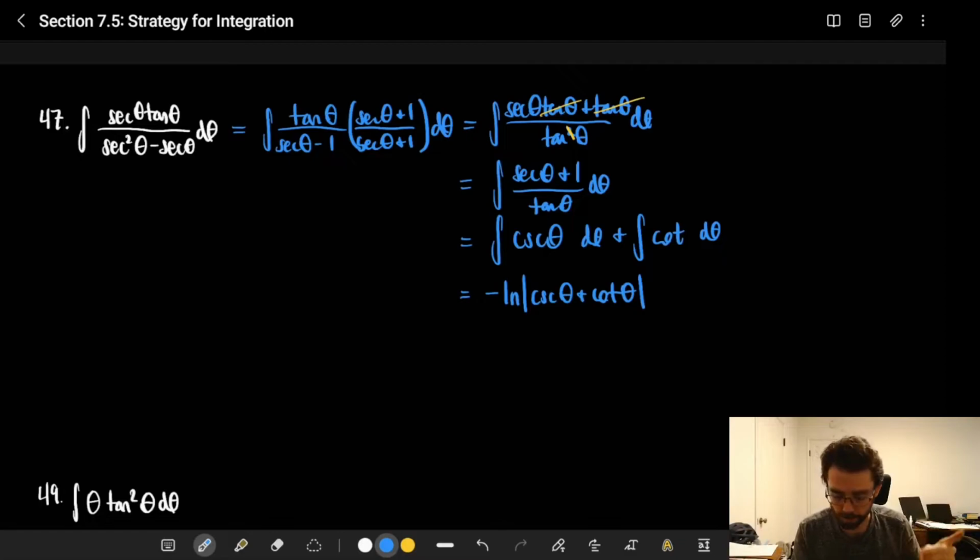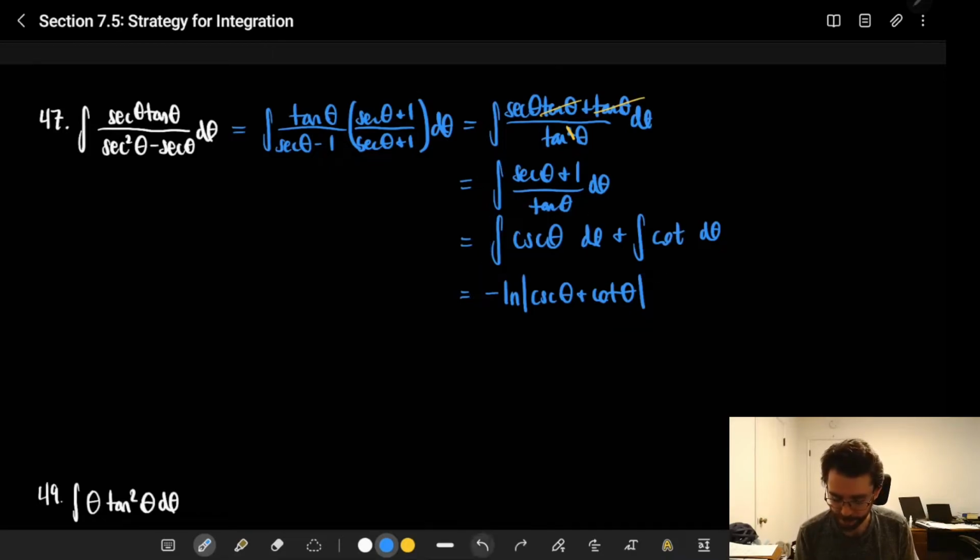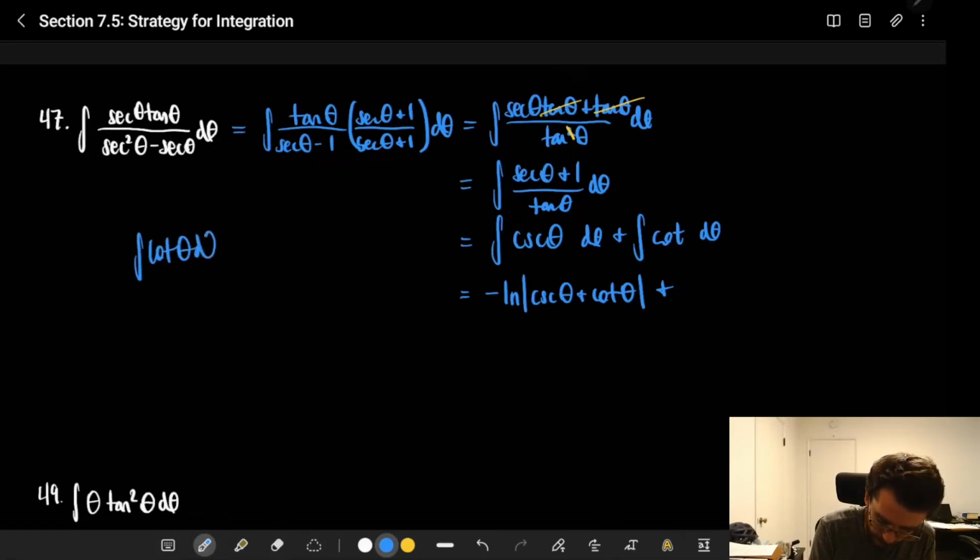Okay, so I looked up one of them. This is considered a standard integral in the sense that it's too hard, so they just give it to you. And then this one, you can actually do the cotangent integral just fine, I think, with a u sub, right? Cotangent is cosine over sine. And then you're like, pick u as sine theta. So du is cosine.